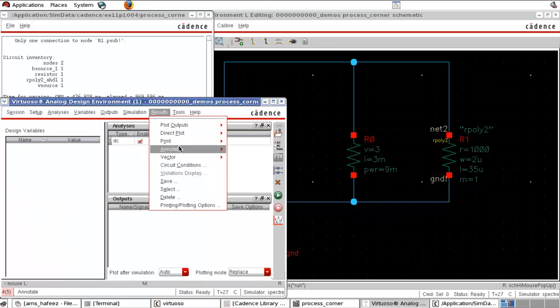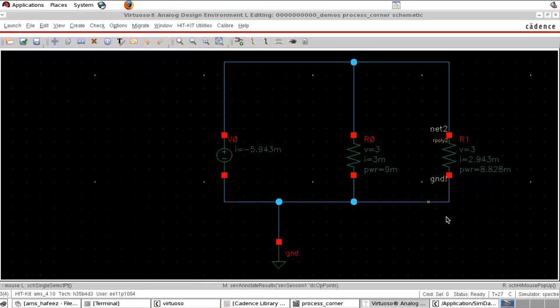Go to result, annotate DC operating point. See here, this is the ideal resistor. So we got 3 volt by 1 kilo ohm, 3 milliampere. Here it is a real resistor, so we didn't get exactly 1 kilo ohm, but it is very near to that. So we get current I equal to 2.94 milliampere. It is near to 3 milliampere.